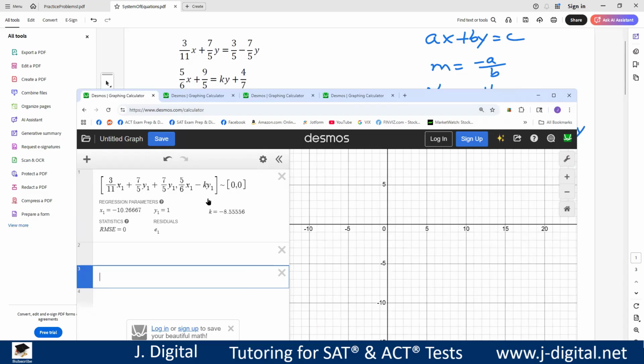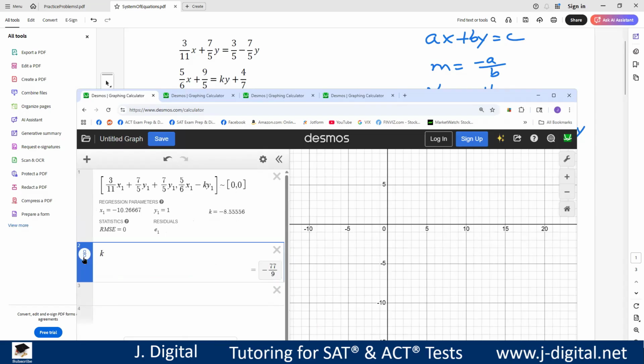Okay, and we made all our constants 0, 9/5, 0, the 4/7, 0. So then equals, basically, we use the tilde sign. Then on the right side, it's going to be just 0 on those sides. Okay, so we put that in, it solves for k, gives us the decimal number. If I type in k here, I can convert it to a fraction. So there's our negative 77 over 9.